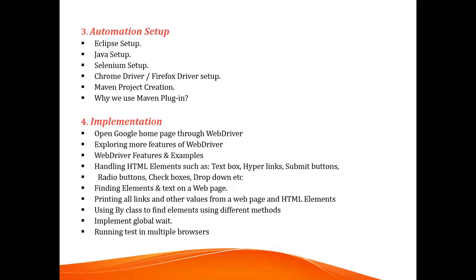How you identify the elements, what all the elements will be available, and in how many ways you can identify the elements. How can you inspect the elements? So those will be covered.